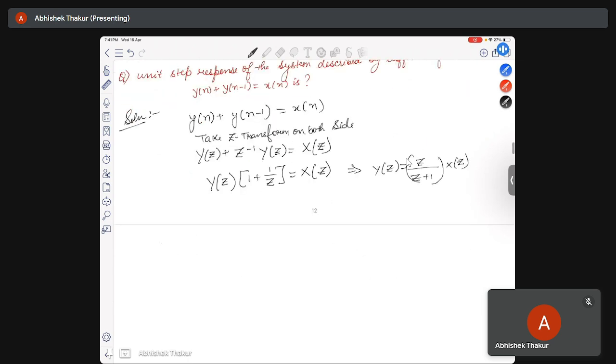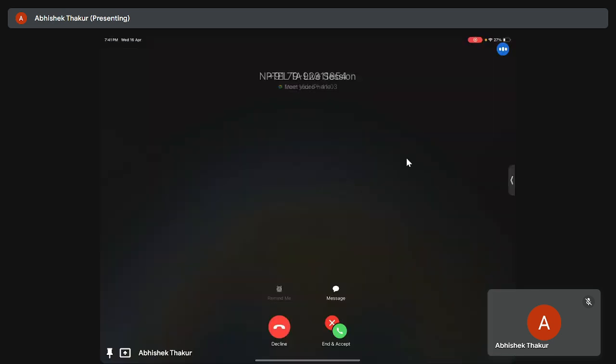But here it is given that it is a unit step response, so the input x(n) is equal to u(n). So our X(z) will become 1 by 1 minus z inverse, that is z by z minus 1. So Y(z) will become z by z plus 1.